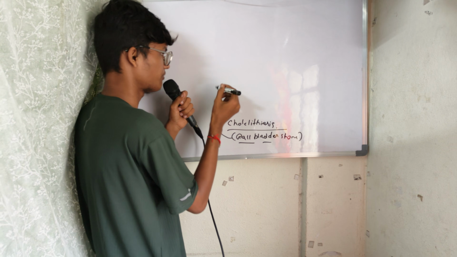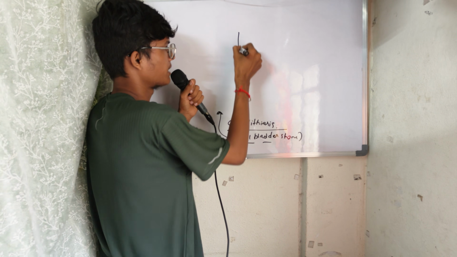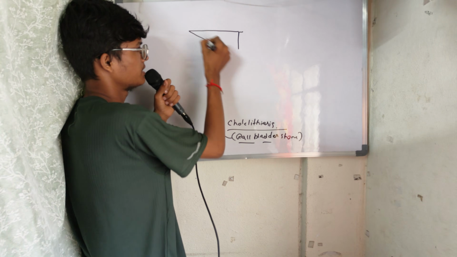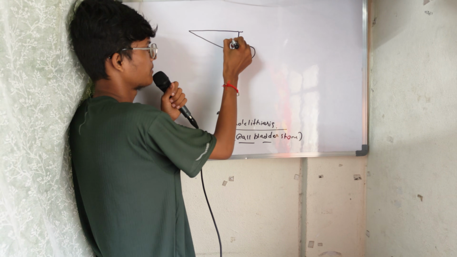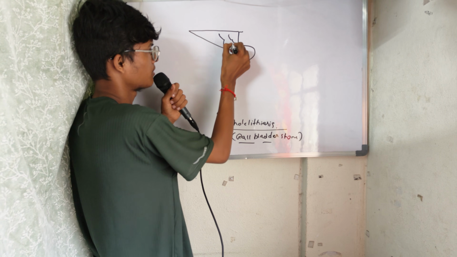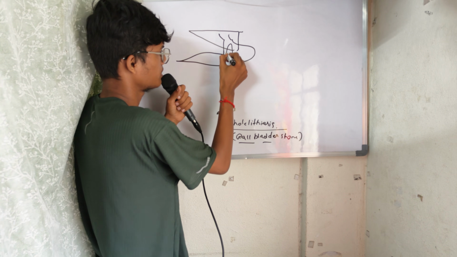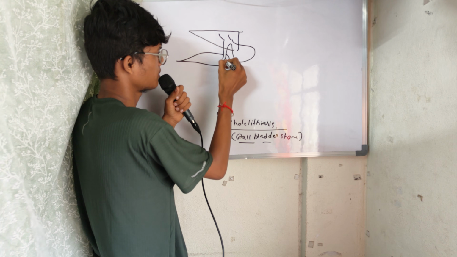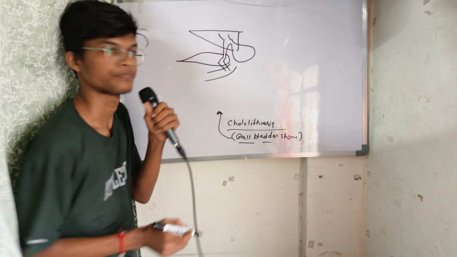I will draw one diagram. This is the liver and this is the gallbladder, this is the duct and this is the pancreas, and then the small intestine.